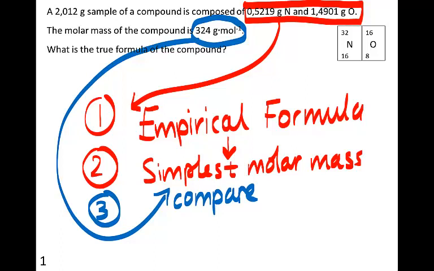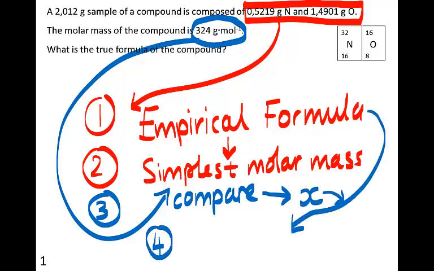But if you find that they are different, you must find the factor by which they are different and use that factor to multiply everything in the empirical formula by to get the true formula. So those are the steps in calculating the true formula. First we get the empirical formula. Then we compare the simplest molar mass, which it gives, to the true molar mass and convert the empirical into the true formula from this comparison.